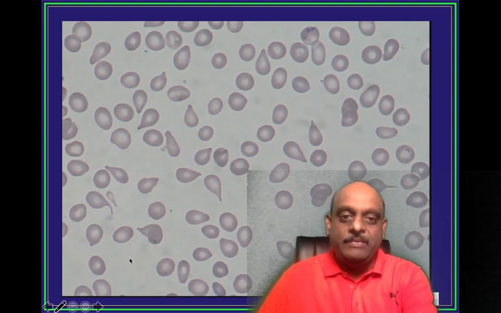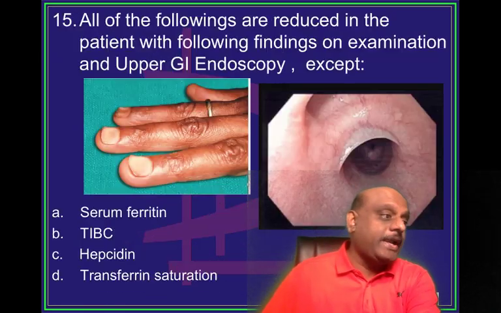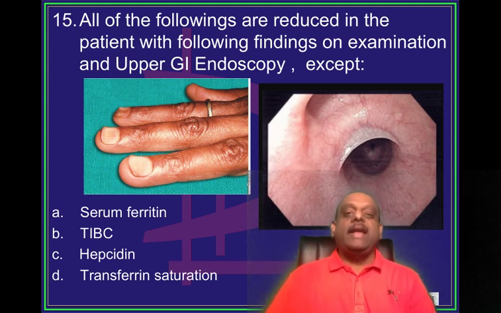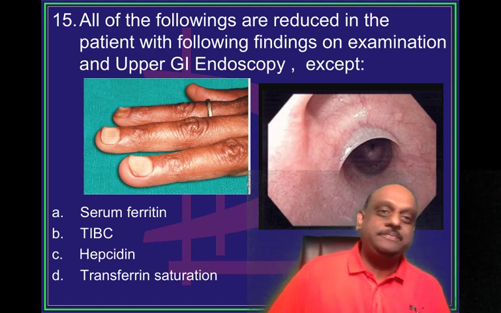Right, very good. So that is the story, doctor. Now this is also called dacryocyte. What does dacryo mean? It is crying, right? So now let's take up the question number 15.